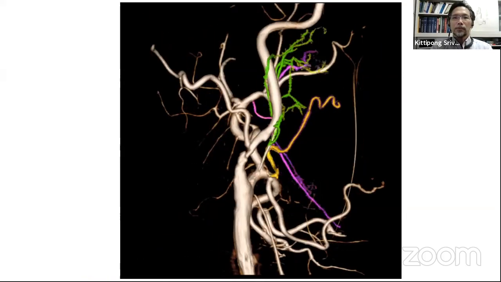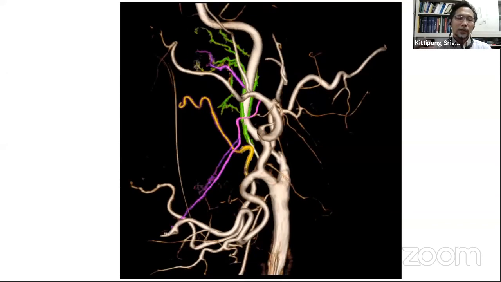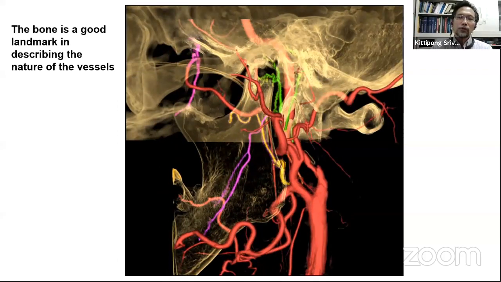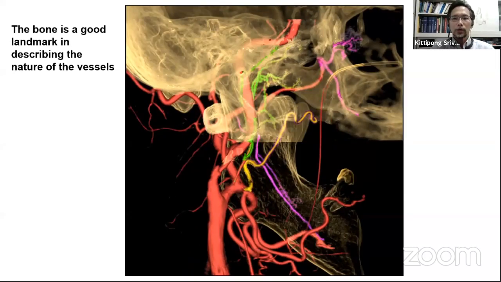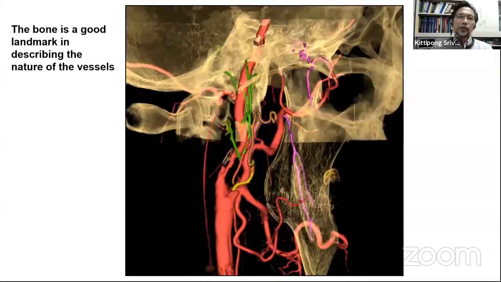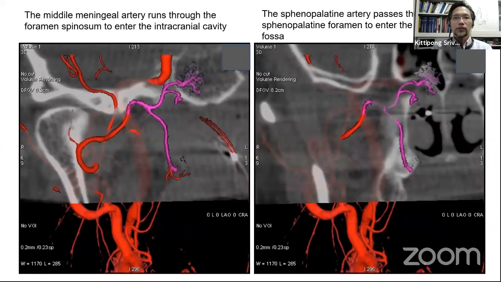So it's actually a more complicated system than the system of the internal carotid artery, because it has to go to many territories. Okay, something deep, something more superficial. So sometimes if you look at this system with the bone, I will show you more pictures of this. It would help you a lot better to understand the nature of the vessels.